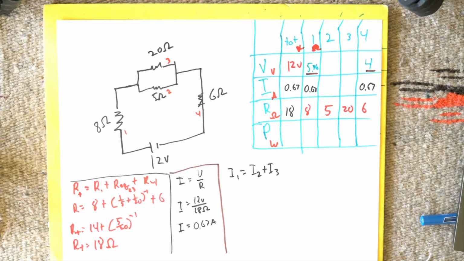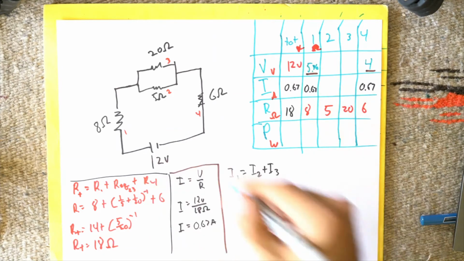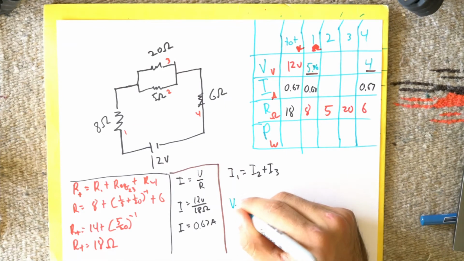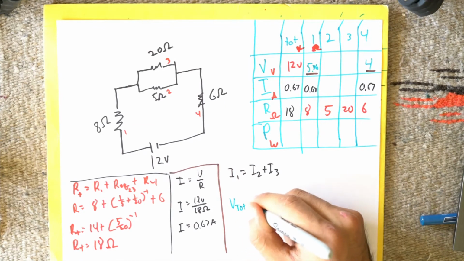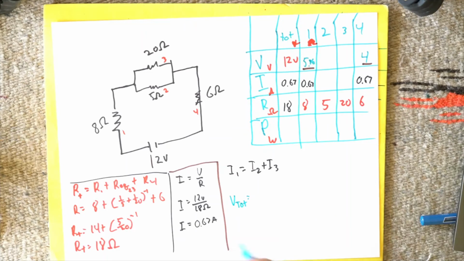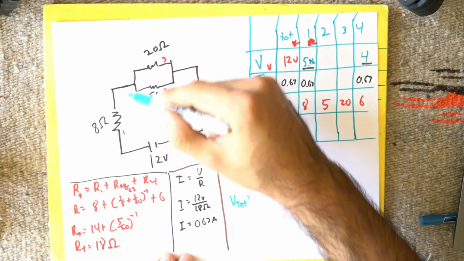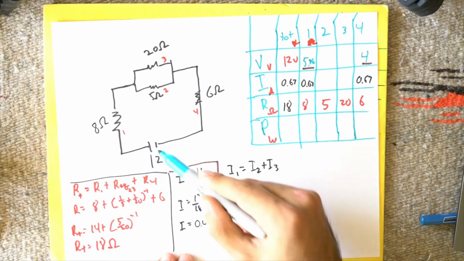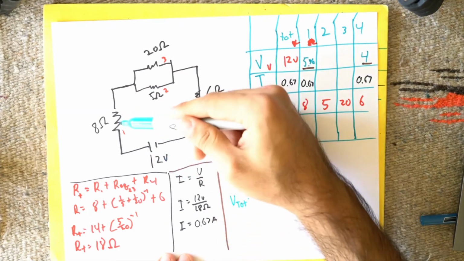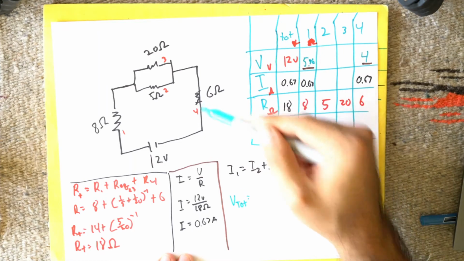What we have to figure out is actually the voltages. But look, here's the thing. My total voltage, I'm going to write two equations because they're both true. My total voltage is going to equal all of the voltages across the resistors through each path. So if I go through this path, that would be V total equals V1 plus V2 plus V4.